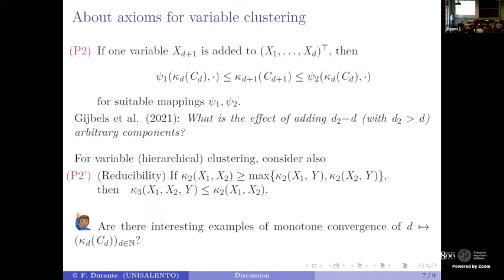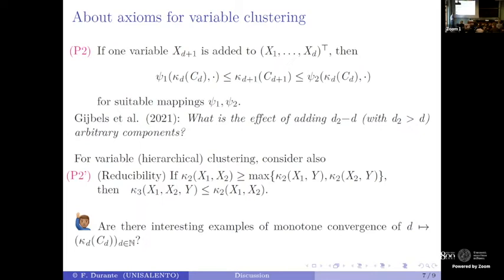So in this case, a natural requirement would be that, under some condition like this one, if you have found the most dependent couple, then if you add any other random variable, your dependence should be smaller. Now think of this in the context of positive dependence, when you want to cluster just variables which are positively dependent.